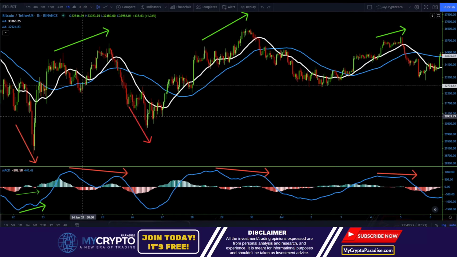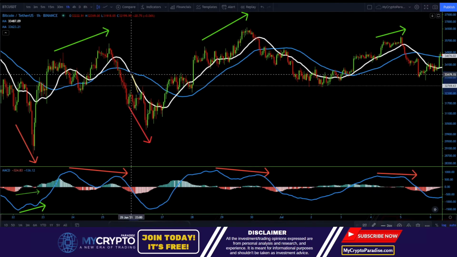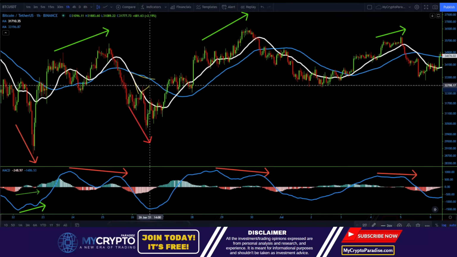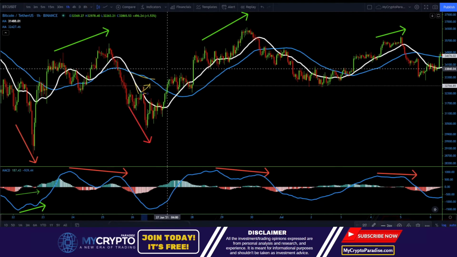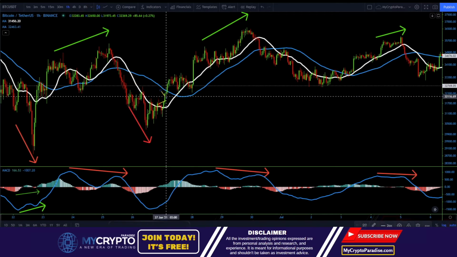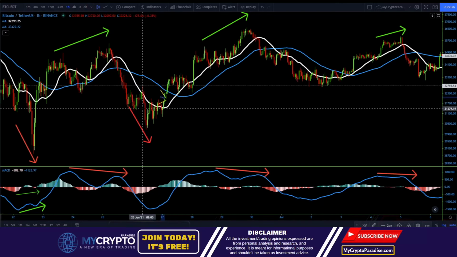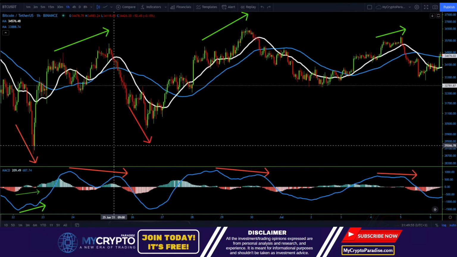The divergence itself means that when one moving average diverges from another, so basically they go away from each other, this is a divergence. But when they're going back closer to each other, this means convergence. And this is exactly why this indicator is called MACD, because the abbreviation means moving average convergence divergence.